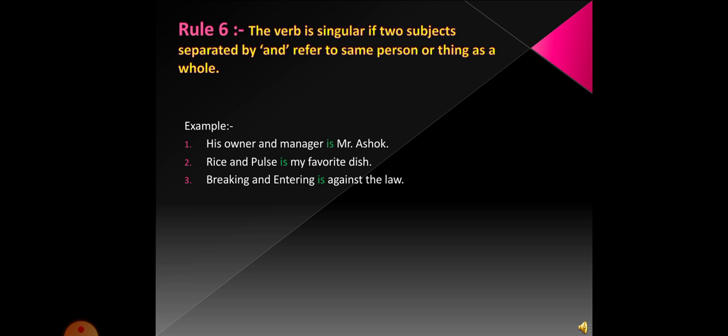So here, in breaking and entering, there are two subjects joined by and, but both subjects are referring to only one thing, that is to going against the law, to make any mistake. So I have used here is.